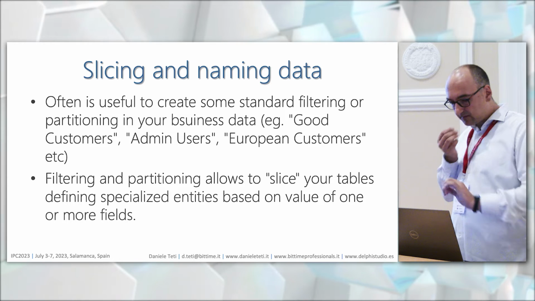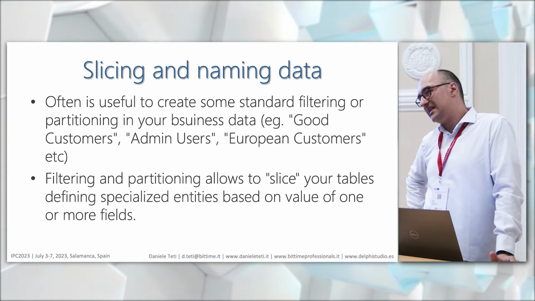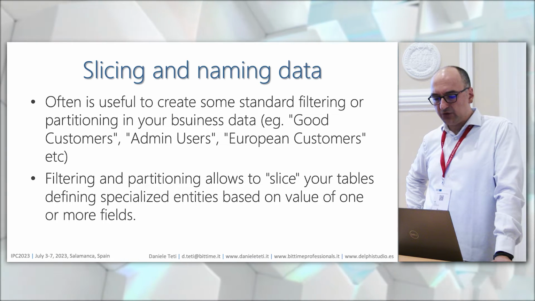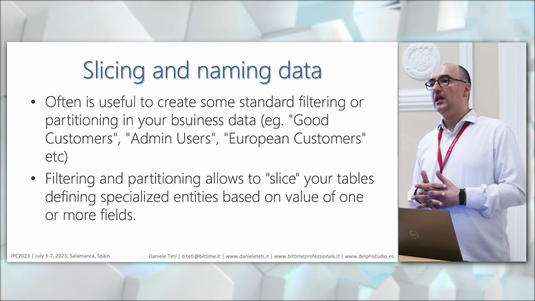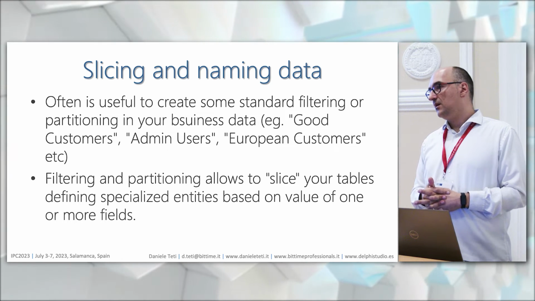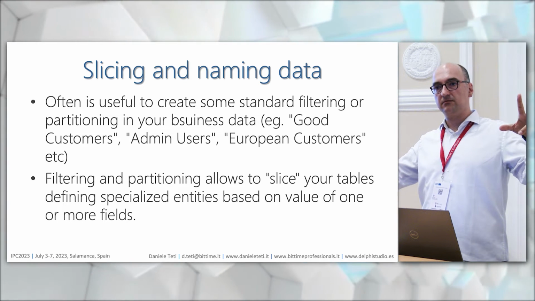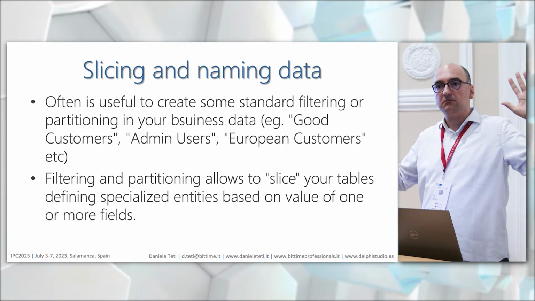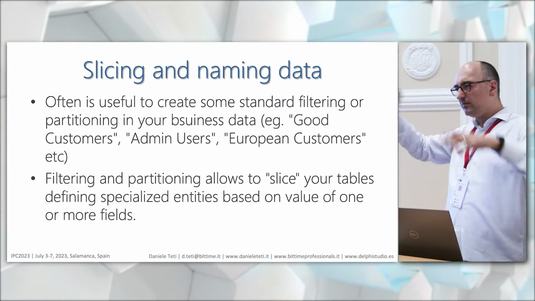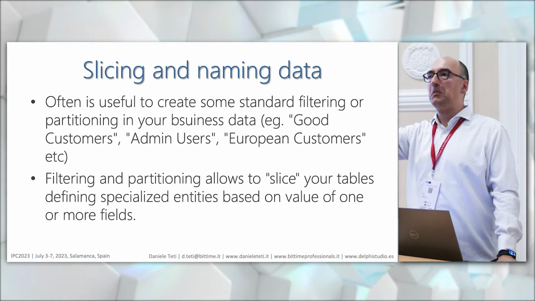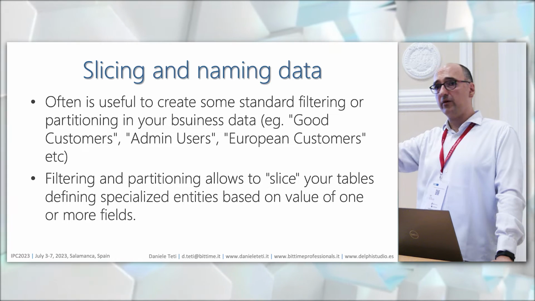Often it is useful, in big systems or not so big systems, to create some standard filtering or partitioning in your business data. For example, you could have the concept of good customers. What does it mean? I don't know. One time you talk with the business and they tell you this is a good customer because, I don't know, it has a rating of 4 or better.